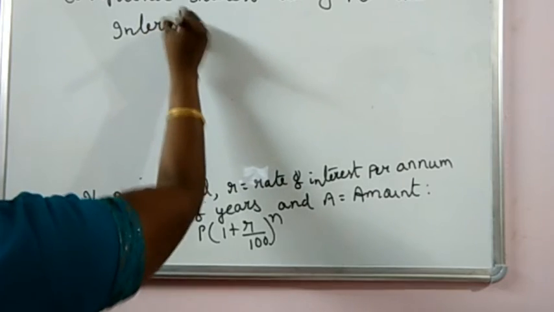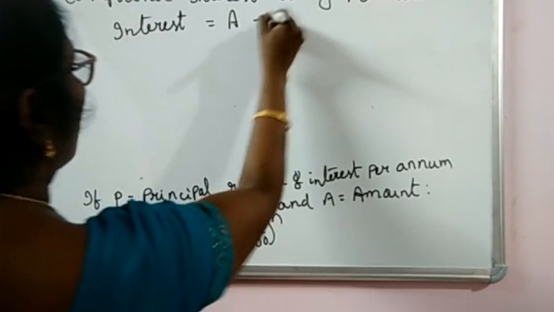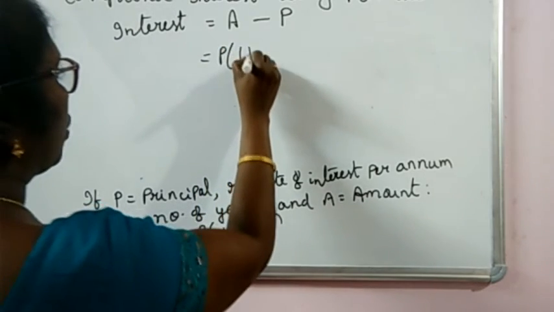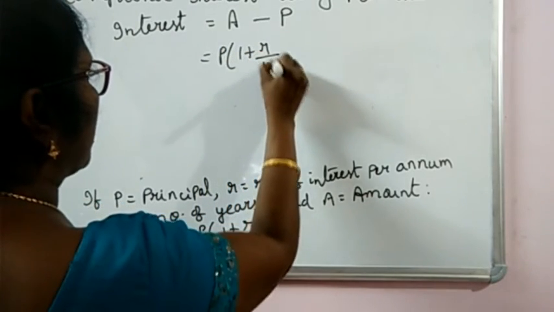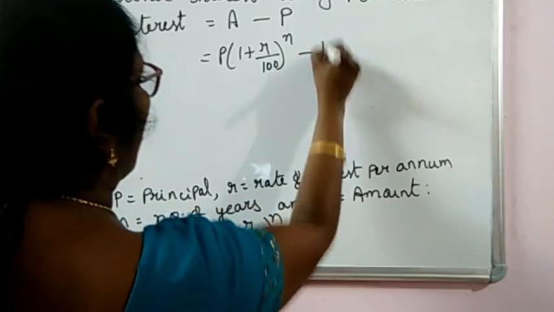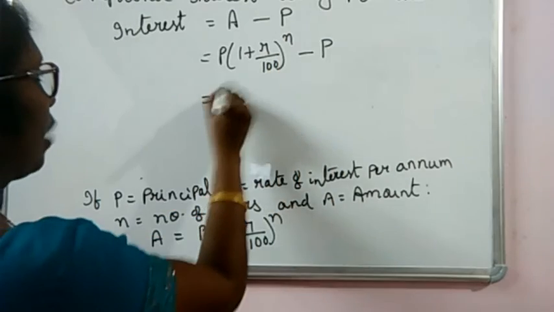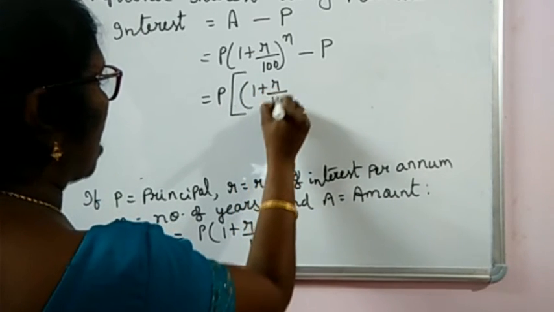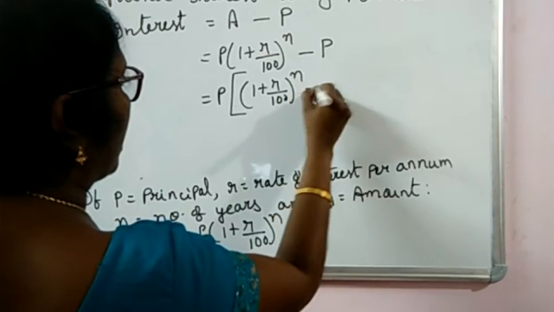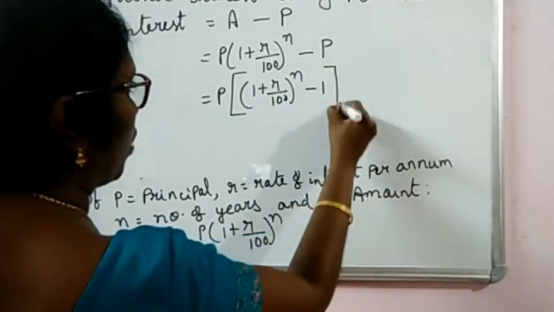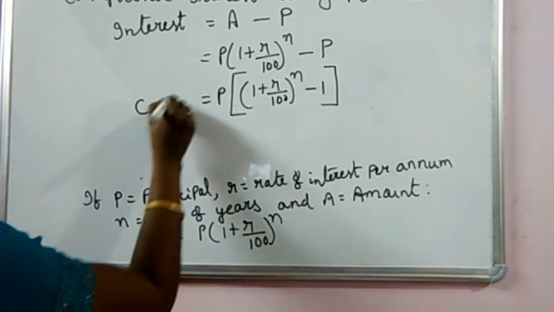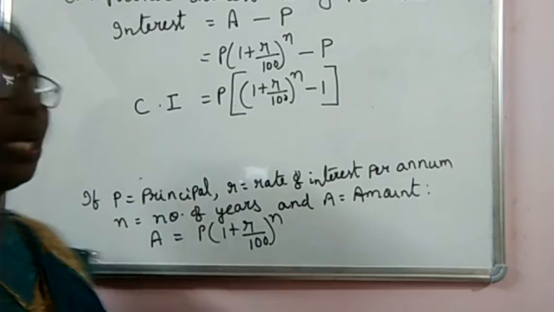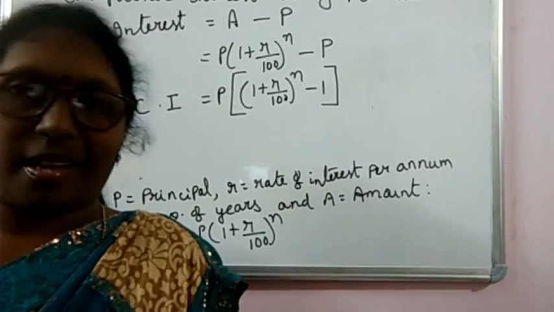Interest is equal to amount minus principal. Amount formula we got: P into 1 plus R by 100 whole to the power N, minus P. If you take P common from both, you will get 1 plus R by 100 whole to the power N minus 1, because P is already taken out. So this is the formula for compound interest, which in short we can write CI.